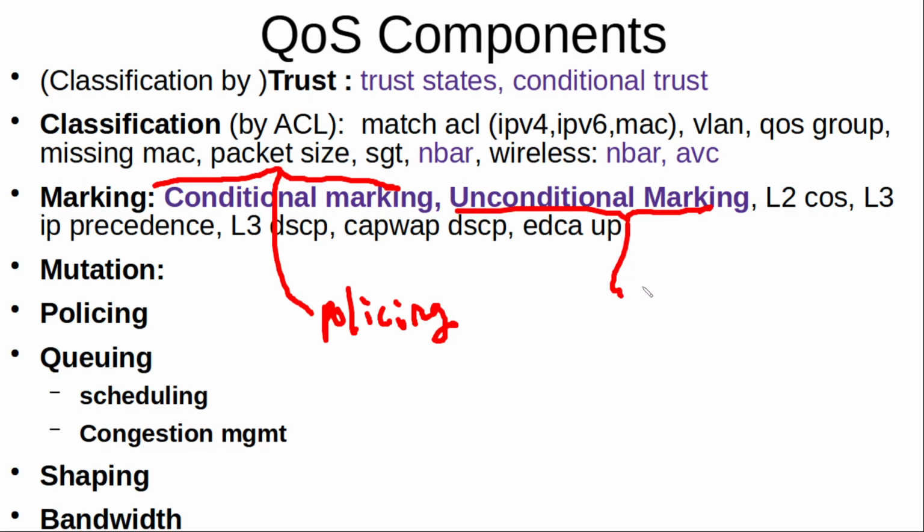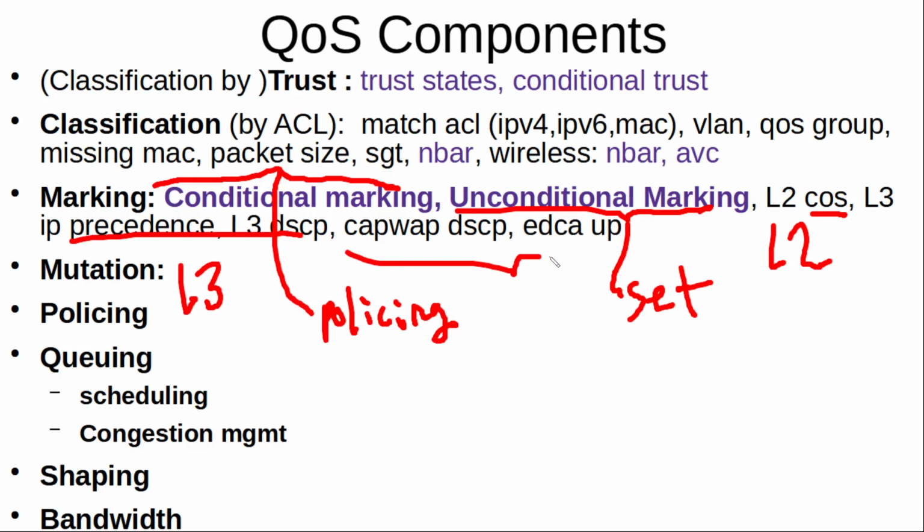In this case, we're going to use the command set. And we are going to store our markings in layer 2 headers, or layer 3 headers, layer 3 fields within the layer 3 headers.